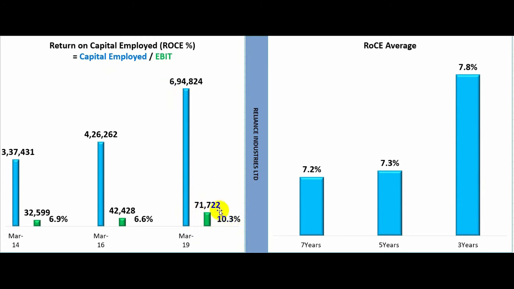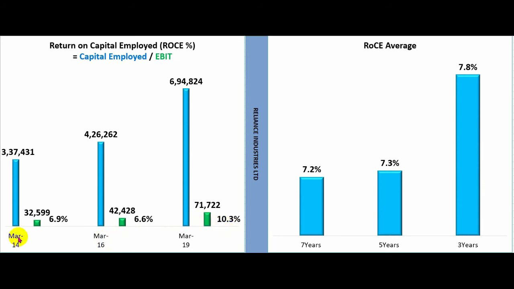We would want to see here too 15% return on the total capital being employed into the business. So the total sources of fund the company had through borrowings as well as through shareholders or owners of the business was 6,94,000 crores. So this was the total capital employed into the business. On that, the company's top line profit was 71,000 crores.